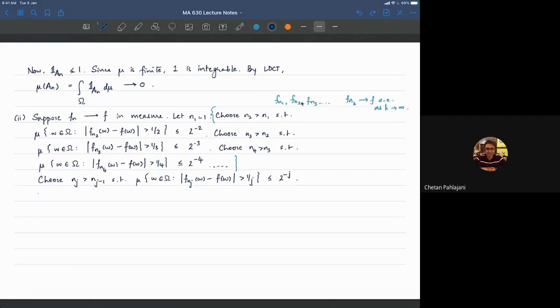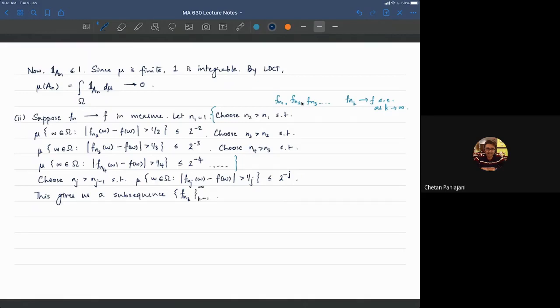So this gives us a subsequence f_{n_k}, k going from 1 to infinity.